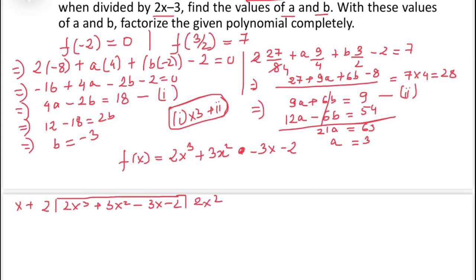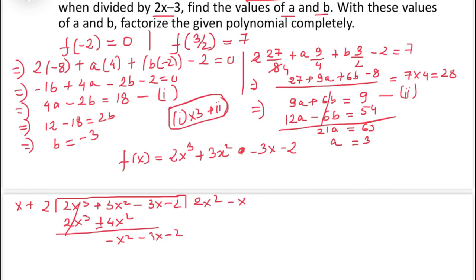First we multiply with 2x square, so 2x square times x is 2x cube, and 2 times 2x square is plus 4x square, so subtracted, this gets cancelled, minus 4x square plus 3x square, so minus x square minus 3x minus 2.